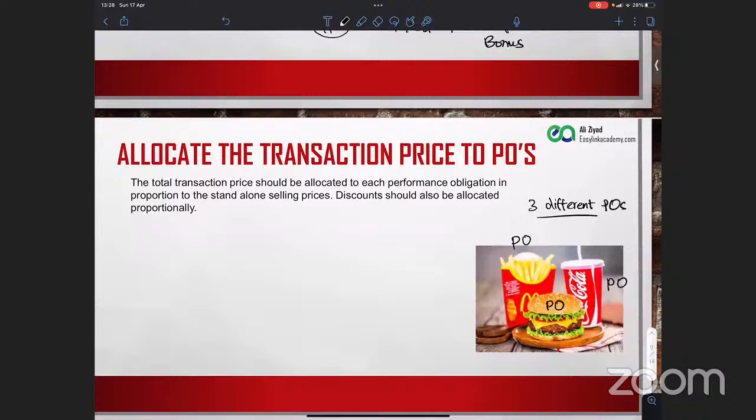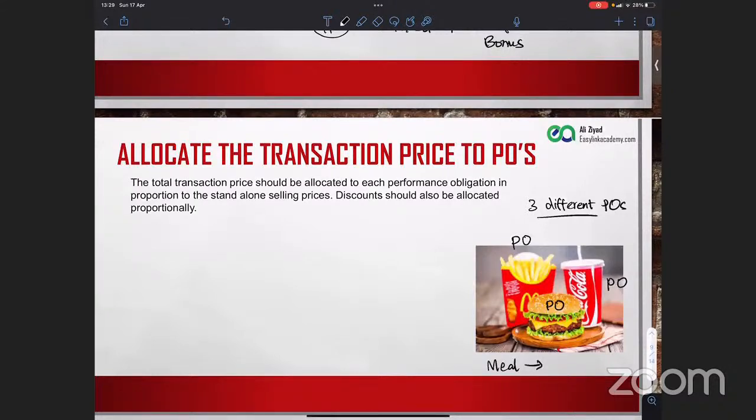I'm talking to you all. Yes, guys. Why? Because McDonald's can sell these items individually. So, although you buy this as a meal, you can call this a meal.